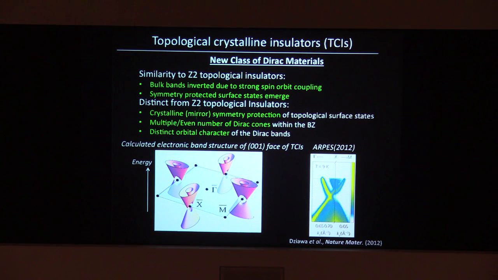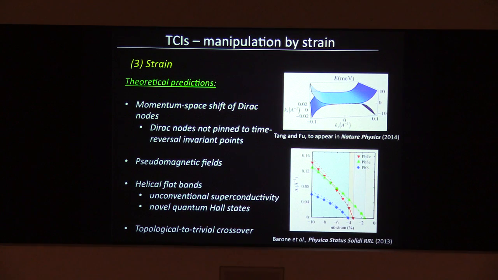But they're different from TIs in the sense that it's mirror symmetry that's protecting the Dirac nodes. And you can get an even number of Dirac cones within the Brillouin zone. Moreover, the orbital character of these states is very important for the topological crystalline insulators.